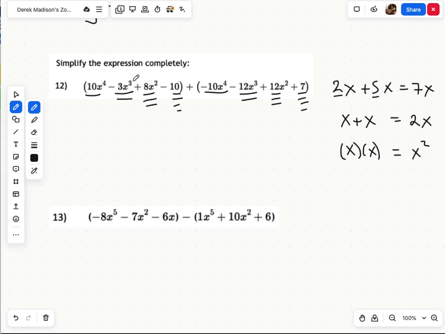So it's really -3 plus -12, and that would be -15x cubed. For squareds, we'd have +8 plus another 12, so that would give us +20x squared. And then for constant terms, we have -10 plus 7, so we're down 10, coming back up 7, and that would leave us at -3 right there.